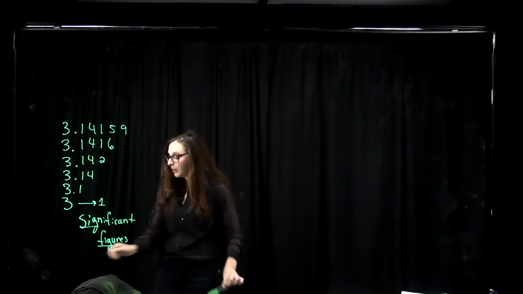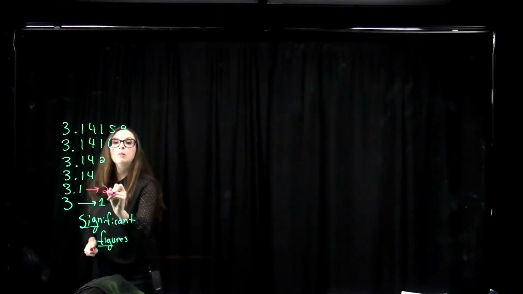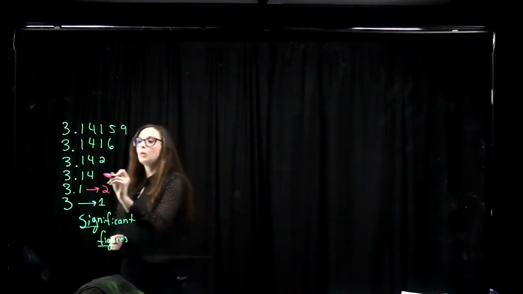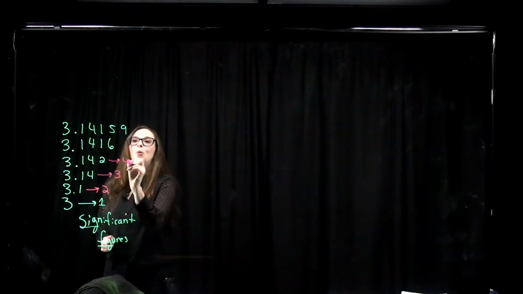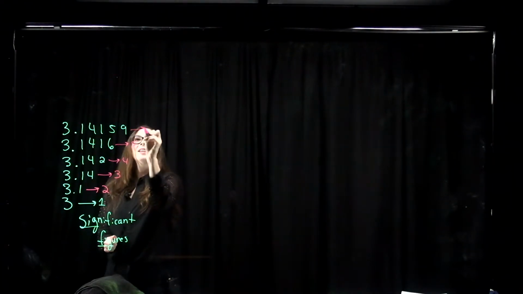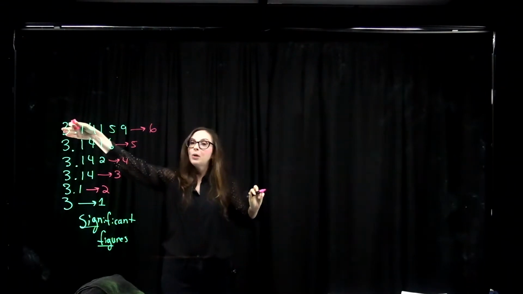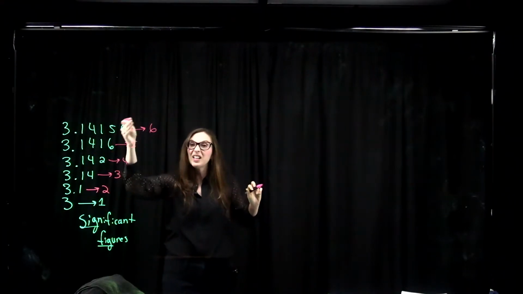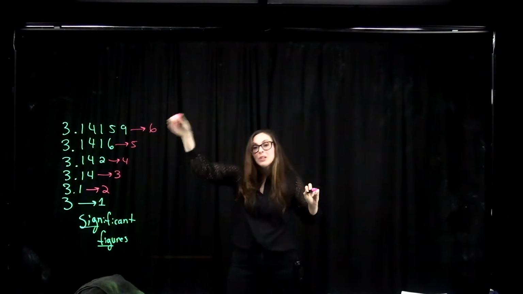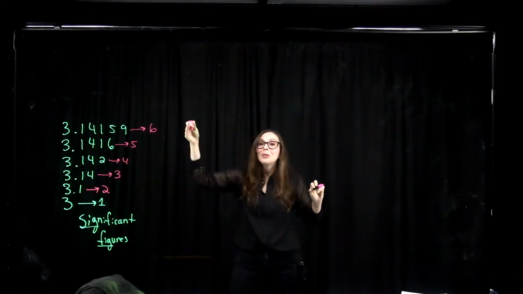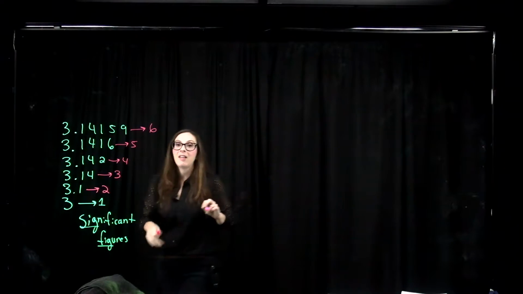The number 3.1 has 2 significant figures. 3.14 has 3 significant figures, so on, 4, 5, 6, okay? So if I have a number up here and I'm reporting it to 6 significant figures, that means that I actually know the precision of that number really, really well. I made a really precise measurement in order to get that number.